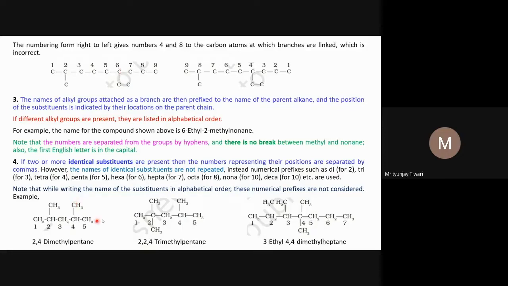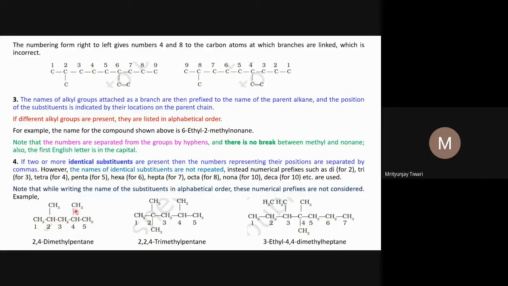Let us now see an example here. For this compound, we have to find the longest continuous chain. We can go 1, 2, 3, 4, 5 in any direction, it is the same. We can write this in a straight line and then follow 1, 2, 3, 4, 5.